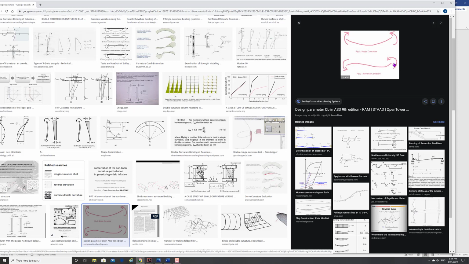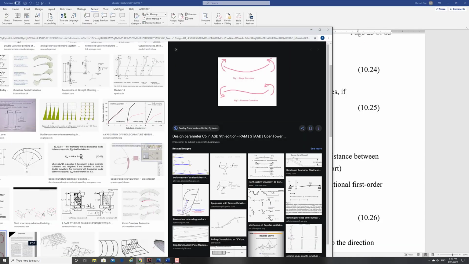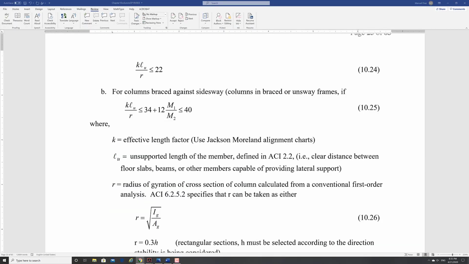If the moments are rotating in the same direction, it will give you double curvature. If the moments are rotating in the opposite direction, it will give you a single curvature. So that's your double curvature and your single curvature. Okay, so we got that taken care of, I hope.